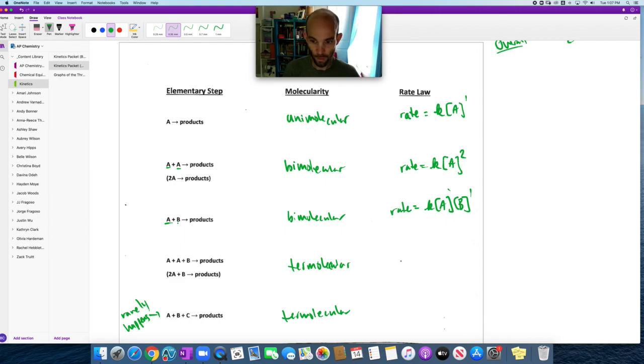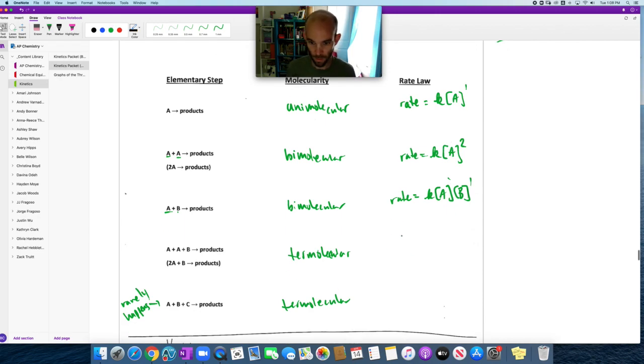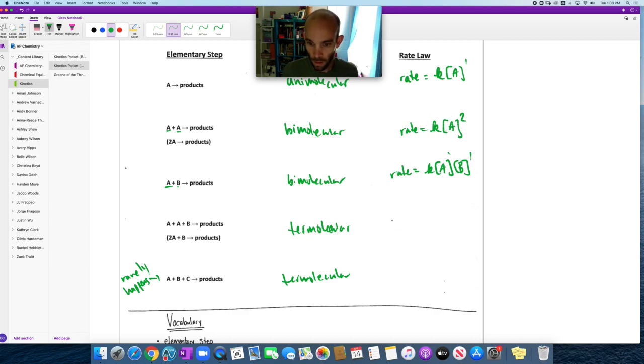Here, in the termolecular steps, rate equals k[A], can you guess it? How many A's over here? Squared. [B] to the first power. And down here, rate equals k[A] to the first power, [B] concentration to the first power, [C] concentration to the first power.